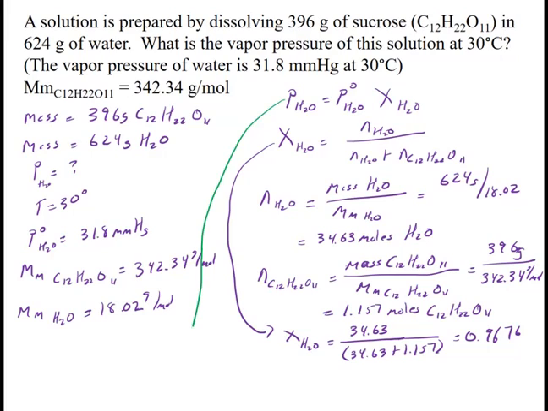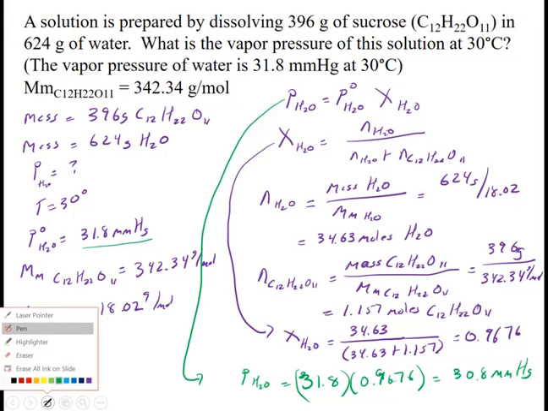Now I'm going to use this equation and that my pressure of water is going to be this pressure of water, which is 31.8, times the 0.9676. And because of the fact that this doesn't have a unit, this is in millimeters of mercury, my answer is going to be in millimeters of mercury. And I get 30.8 millimeters of mercury.